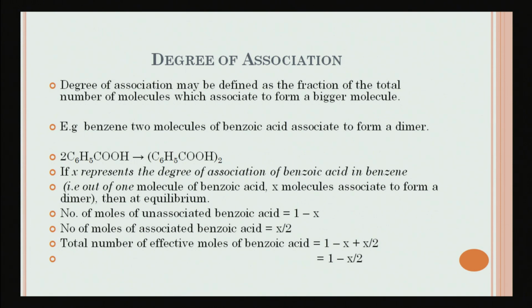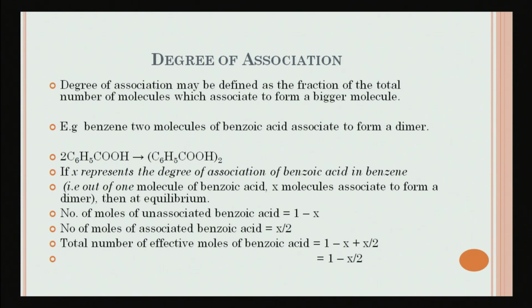If 2 molecules associate together, you will get (C6H5COOH)2. If x represents the degree of association of benzoic acid in benzene, that is, out of 1 molecule of benzoic acid, x molecules associate to form a dimer. Now, why dimer? Because 2 molecules are combined together.